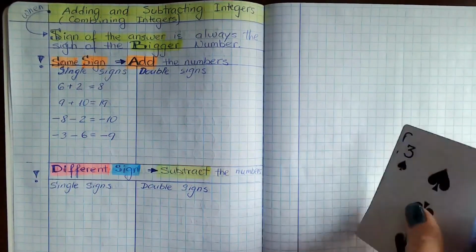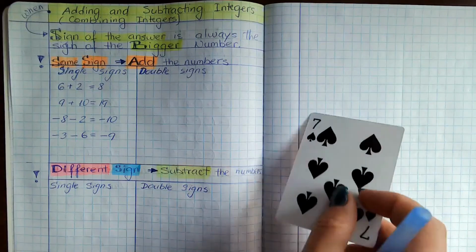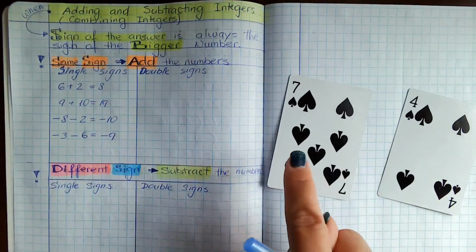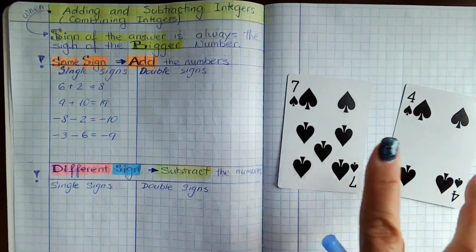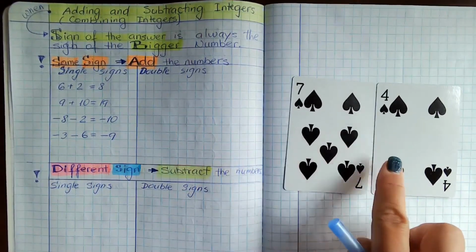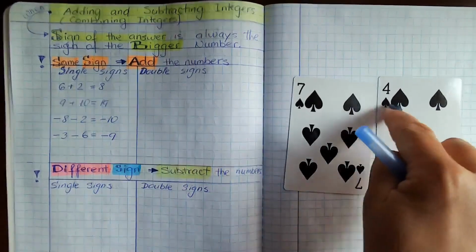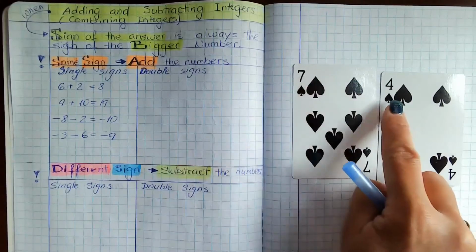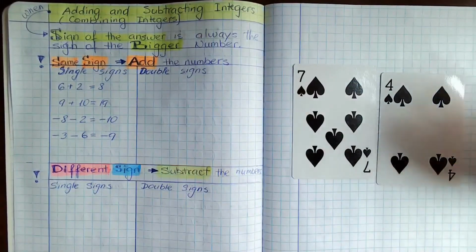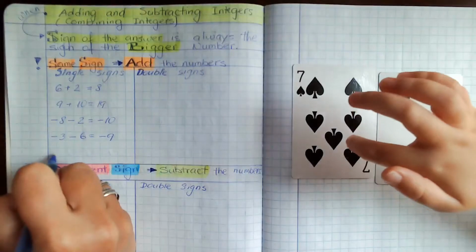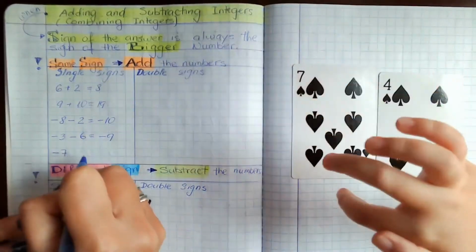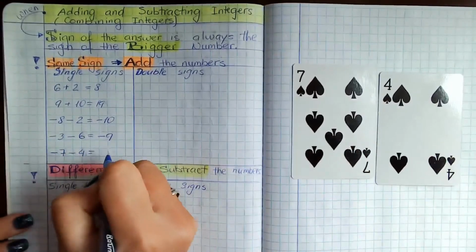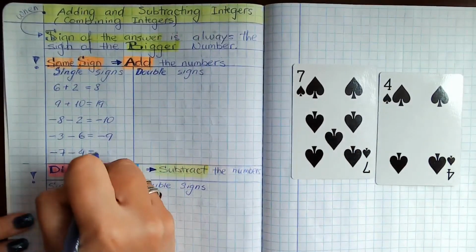Another example for spades, because those are negatives: negative 7 and negative 4 together. That is 1, 2, 3, 4, 5, 6, 7, 8, 9, 10, 11. Add the numbers, keep the sign. Negative 11. So negative 7 and negative 4, thanks for your help, Layla, equals, add the numbers, keep the sign.